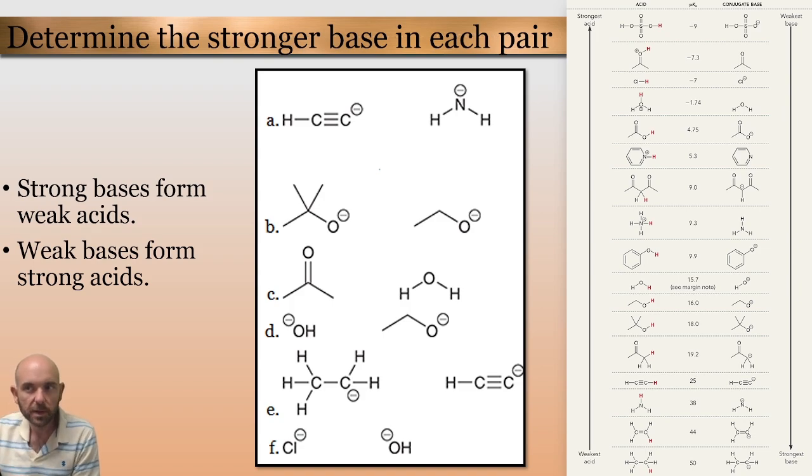The reasoning is that if we look up here on our chart, strong acids have hydrogens that don't really care to be in that environment. So when they make this anion, the hydrogen doesn't want to be back in that position. And so again, the strongest acids make the weakest bases, where the weakest acids make the strongest bases.